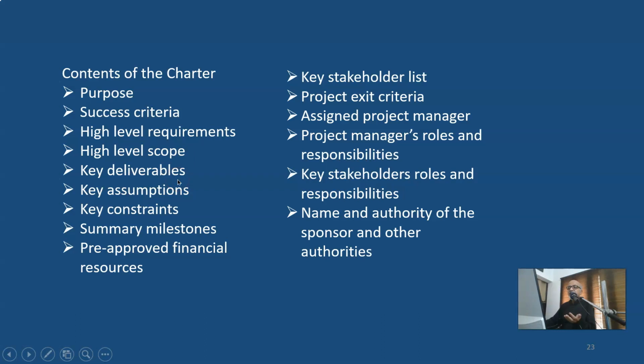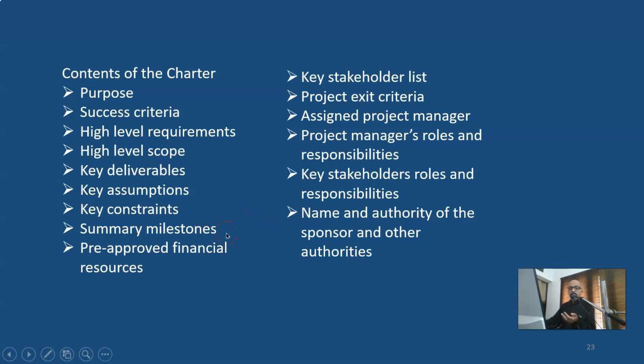And then there can be a section for the key deliverables of the project, key assumptions we are making while getting into the project, the key constraints of time, cost, and scope, and if there are any other constraints like adverse weather or freak soil conditions, all those things also can be mentioned here.